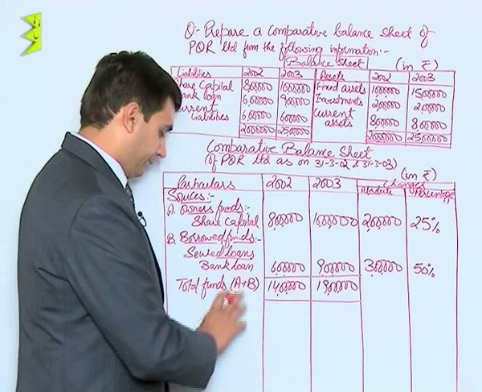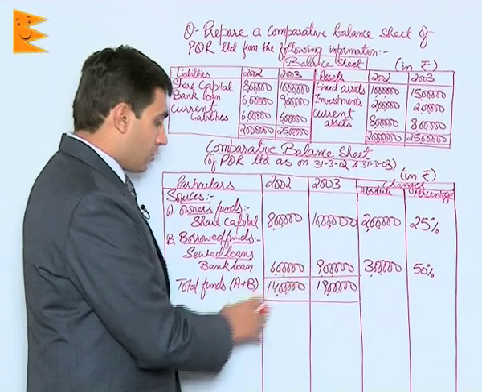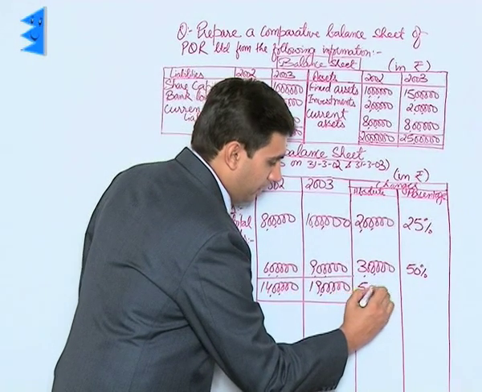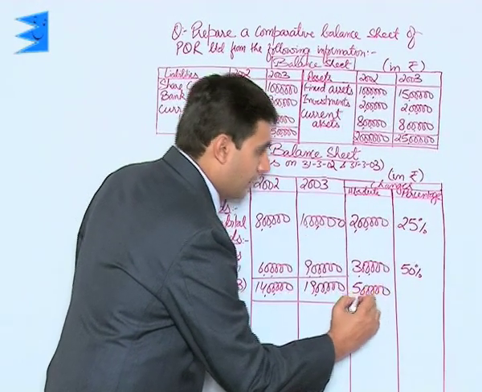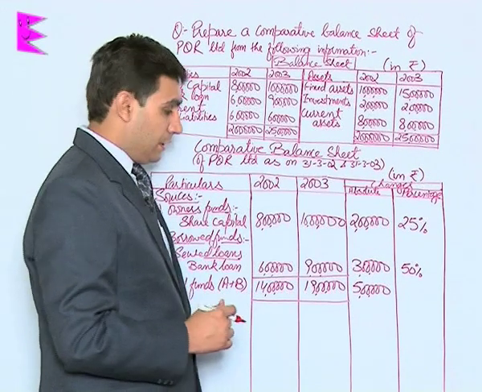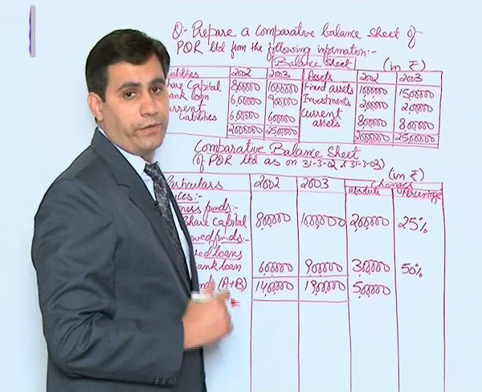Remember students, you can always write it as total sources. So the absolute change in this case comes to 5 lakh and the percentage change can be calculated accordingly, that is 5 lakh upon 14 lakh into 100.